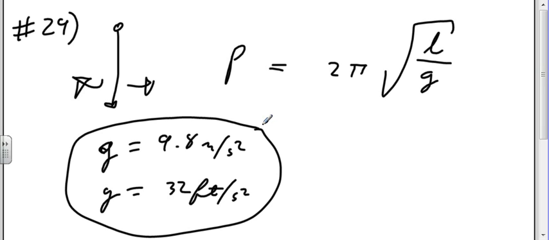So depending on the rock formation under you, how high up you are in the mountain, how far you are in Death Valley, will depend on what your g is. And in fact, that's how we measure g. We have a pendulum going back and forth of a known length, and we calculate g for that location. So that's how you'd measure the gravitational constant in that location.